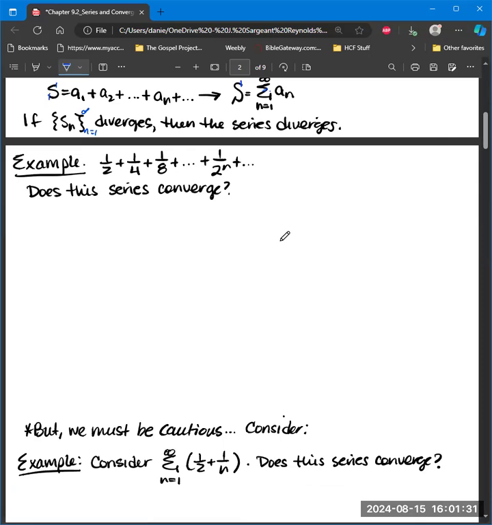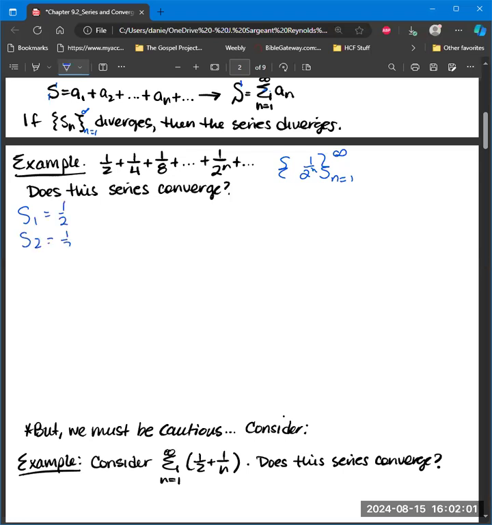Let's look at an example here of 1/2, 1/4, 1/8, dot, dot, dot, 1 over 2 to the n. So we have a sequence here, 1 over 2 to the n, n equals 1 to infinity, is really what we have there for our closed form. Let's just go ahead here and look at the partial sums. S1 equals 1/2.